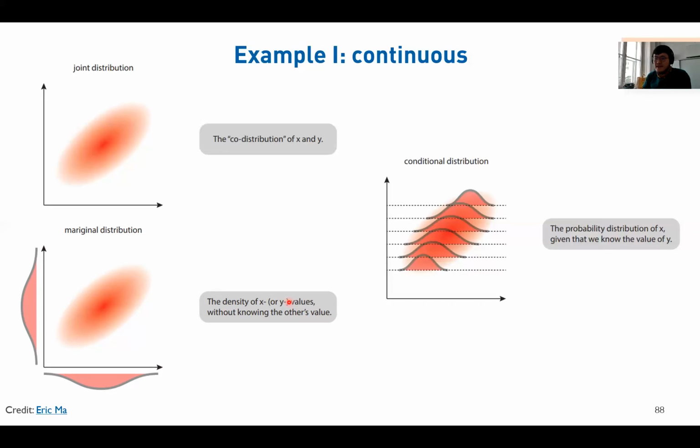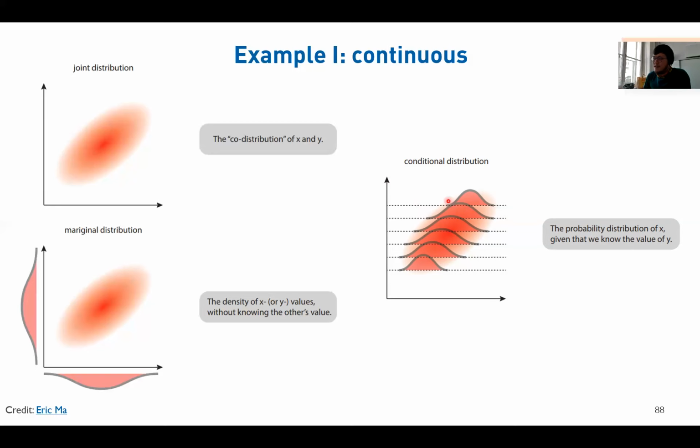And then the third one is the conditional probability. Here, the top left corner is the joint probability. And being a conditional probability means we fix one event, and then we look at the distribution of another one. So similar idea, for each line here, I condition on y being this value, and then I look at the probability distribution of the x-axis.